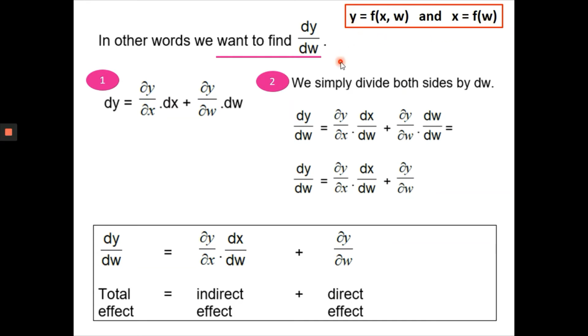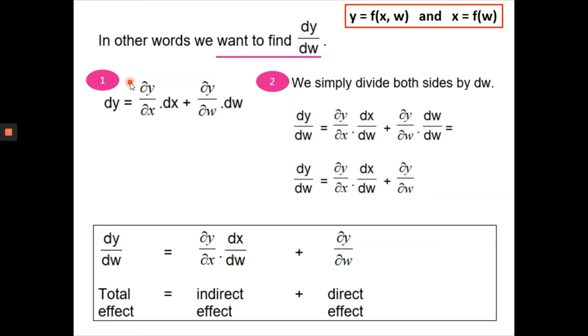So we want to find the total derivative dy/dw, and this measures the rate of change of y with respect to w, and it is basically a ratio between two differentials. So we have two simple steps to follow in order to calculate this total derivative.